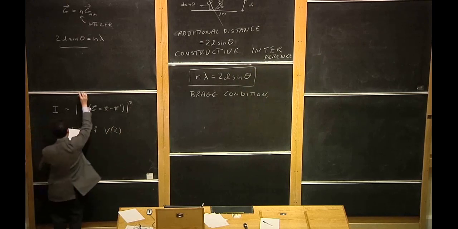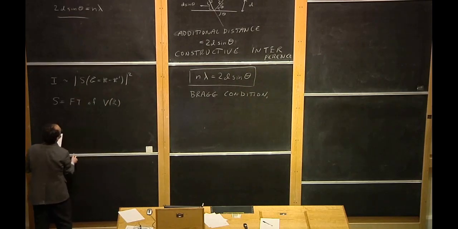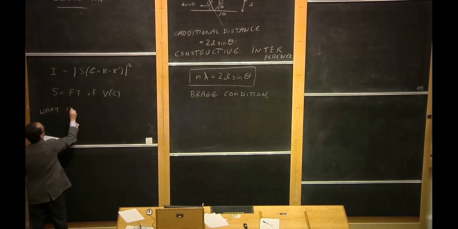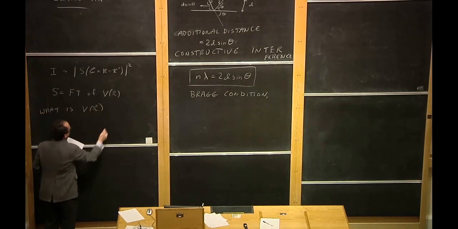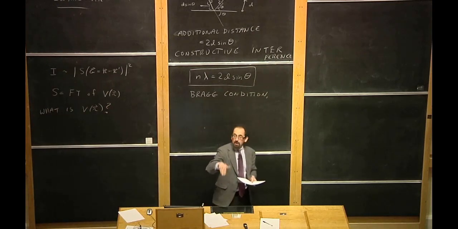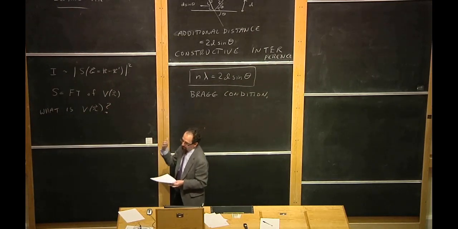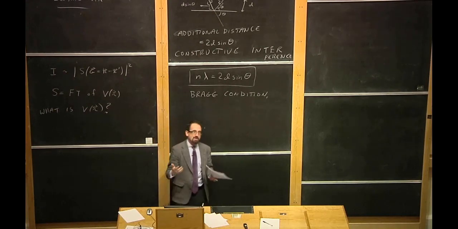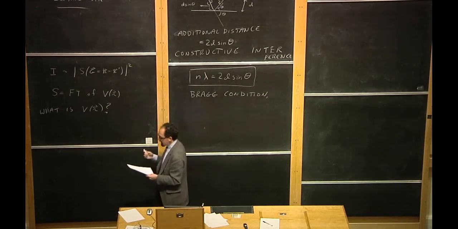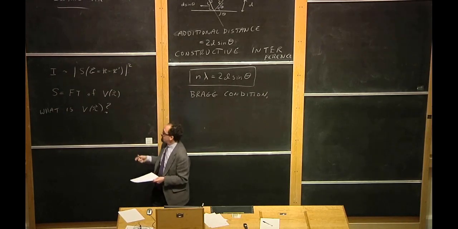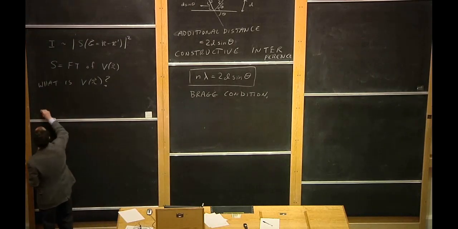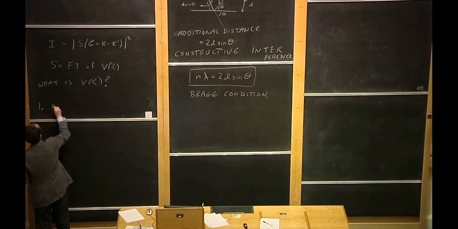I hope. But that still leaves open the question, what is V of r? What V of r is, the potential your wave feels as it goes into the crystal, depends on the crystal, but it also depends on what kind of wave you're using. The wave interacts with the crystal very differently depending on the type of wave that you're using. So the easier case to think about is neutrons. So case 1, neutrons.